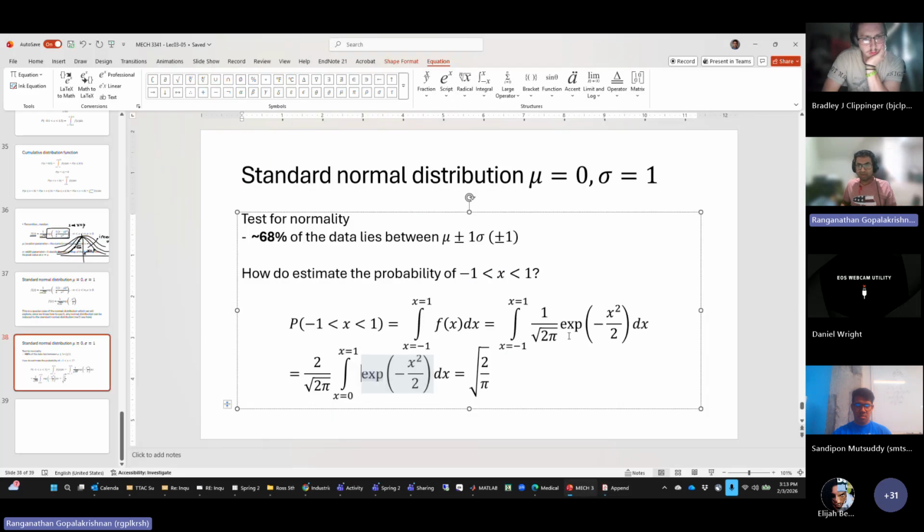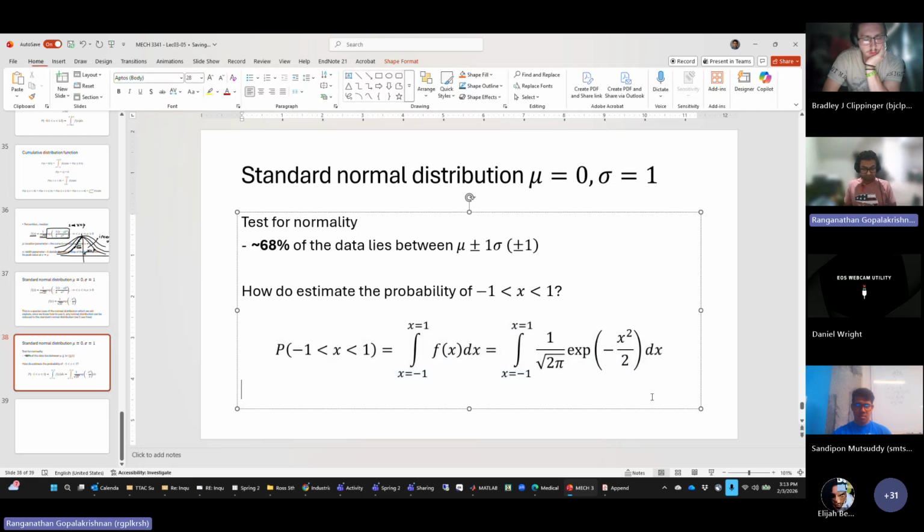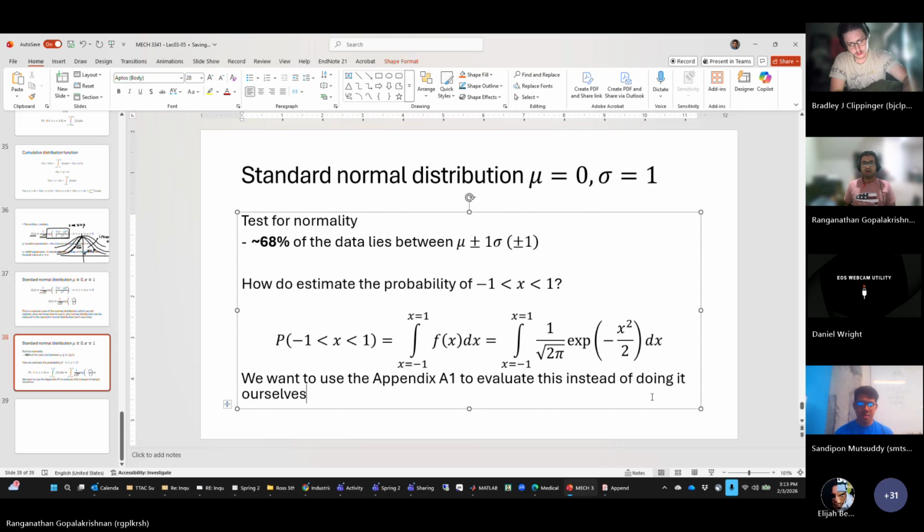So let's go back here. Now, what I'm saying is we want to use the Appendix A1 to evaluate this instead of doing it ourselves. You understand the mission?